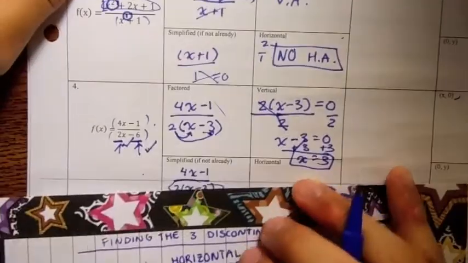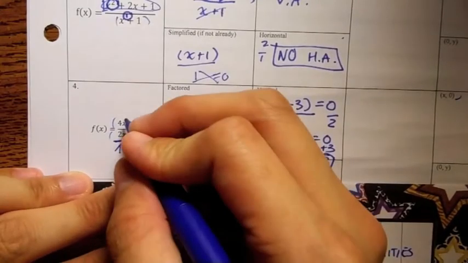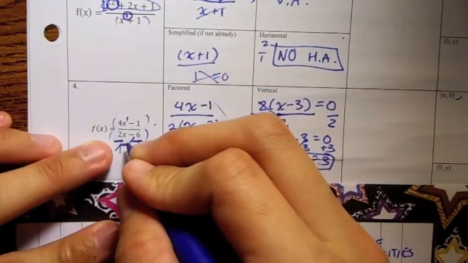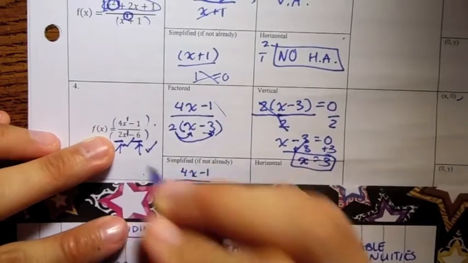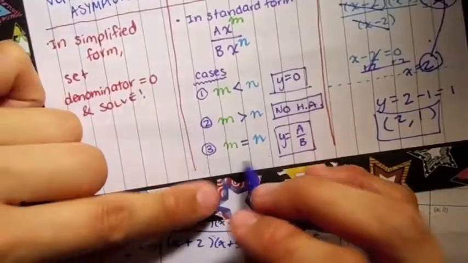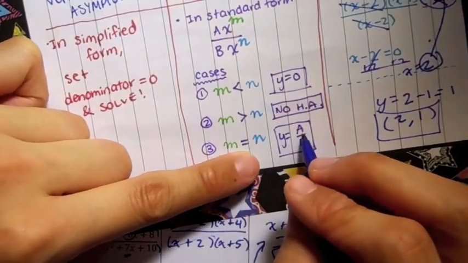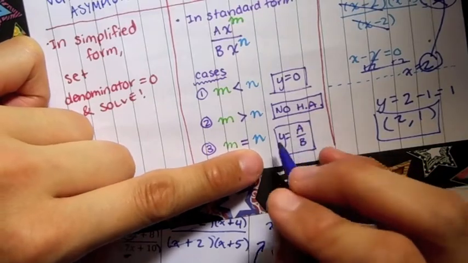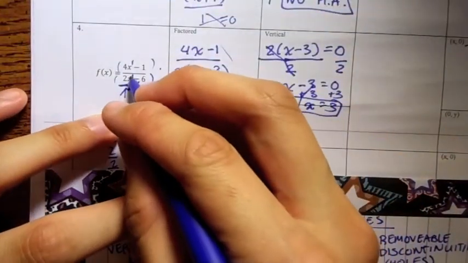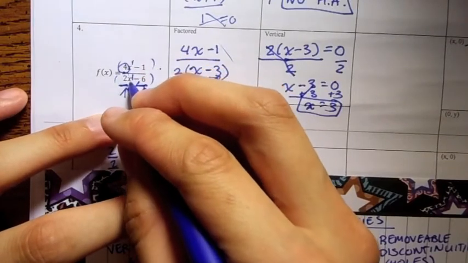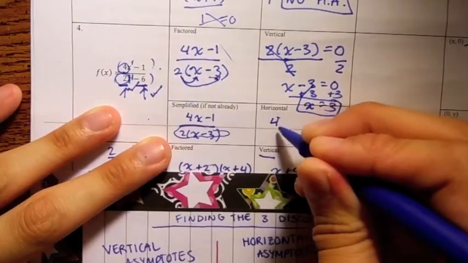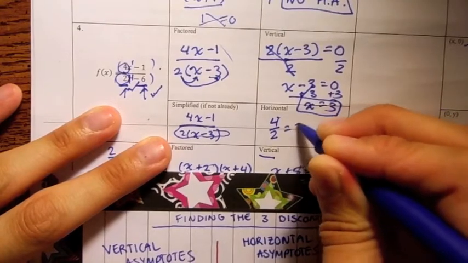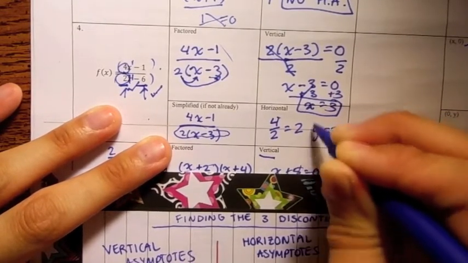Number 4, well, the highest degree here is a 1, and the highest degree here is a 1. So in that case, because they're equal to each other, I'm going to take the coefficients of each and simplify it, set it equal to y. Well, our coefficient here is a 4, and our coefficient here is a 2. 4 divided by 2 gives you 2. So y is equal to 2.